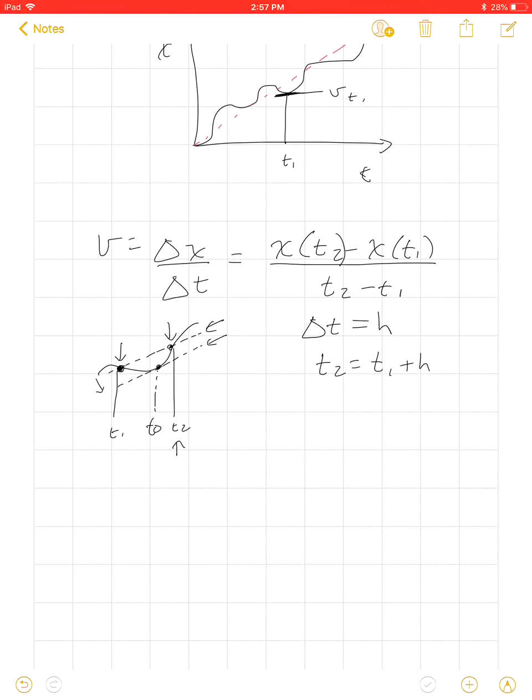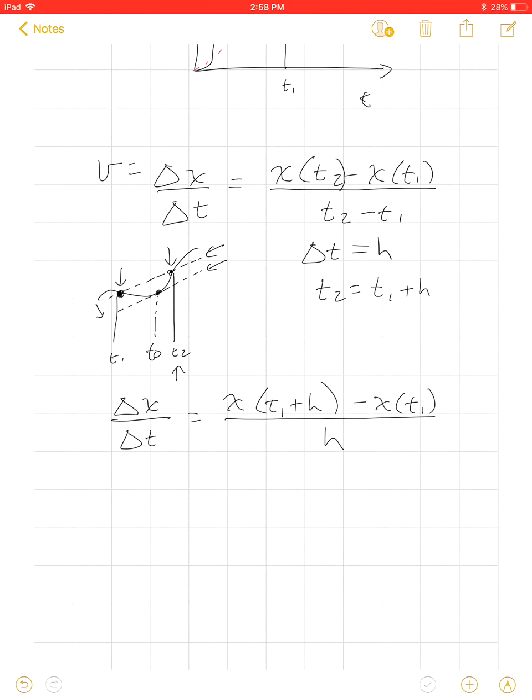So now I can rewrite my average velocity equation, and I'm going to call this x at t2, which is actually x at t1 plus h, right, minus x of t1, so that's the same over, well, I'm just going to put h in there instead of t2 minus t1, okay?